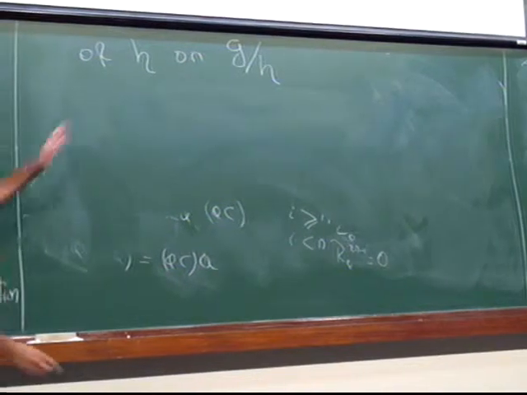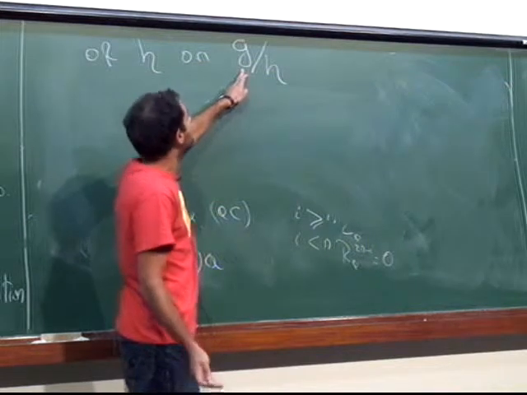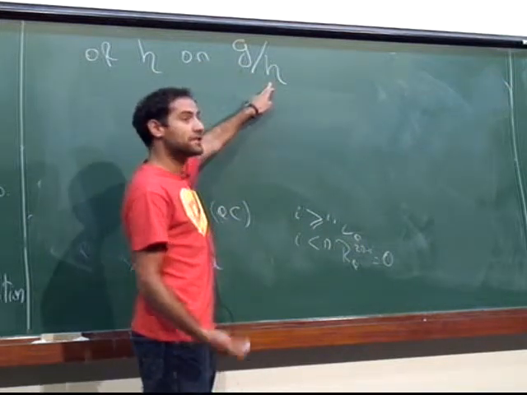Again, the fact that the bracket of something in H with G is still in G is the fact that G is an algebra. But the fact that H is stable is the fact that H is a subalgebra.